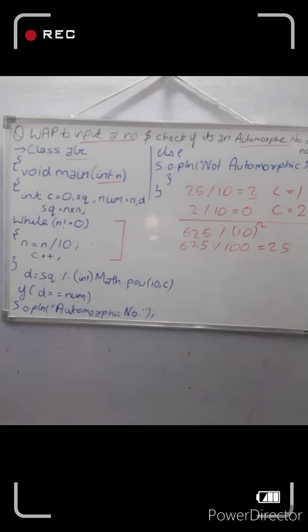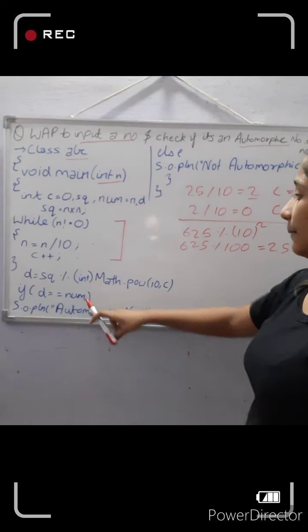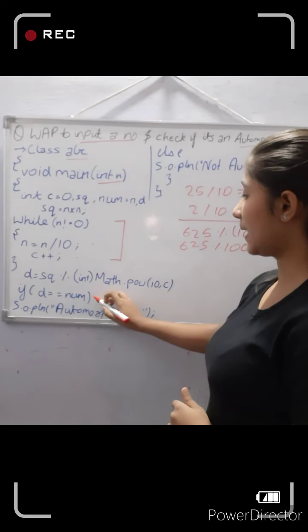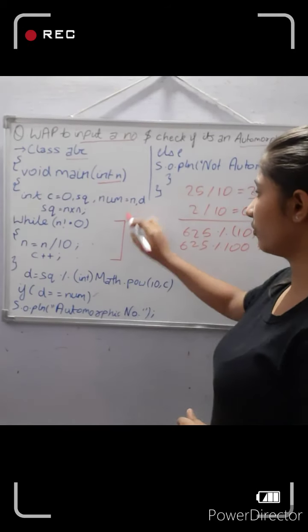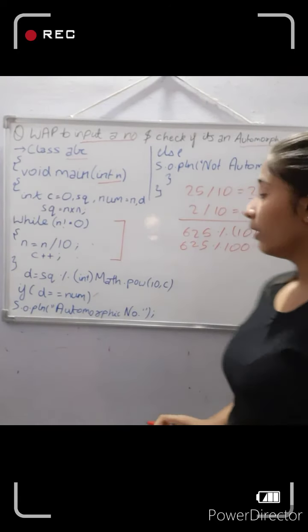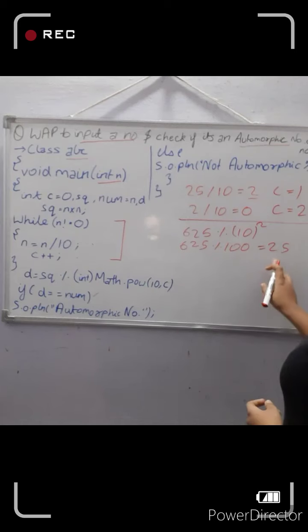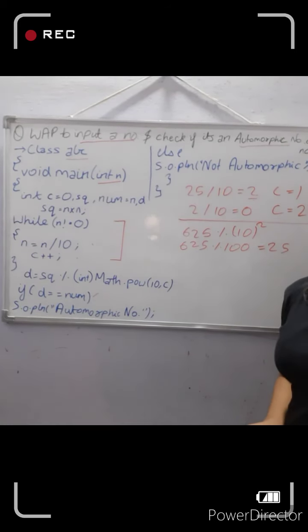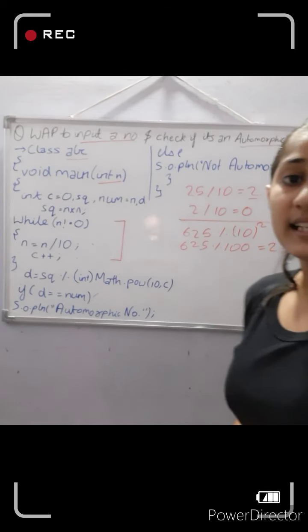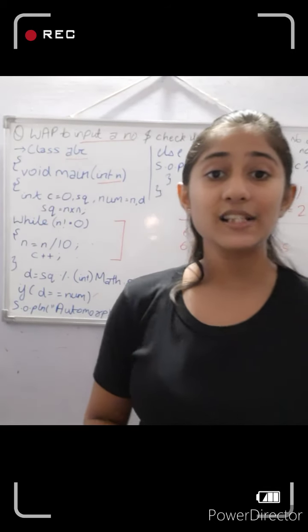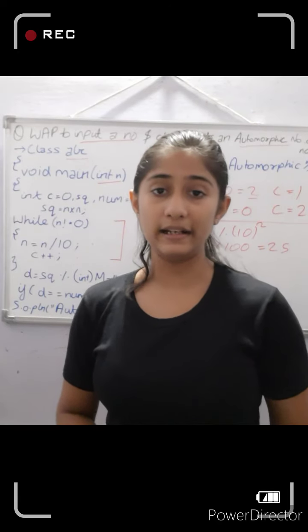So now we are going to check if the number d and the number entered is same or not. Over here we check this condition with the help of the copy of n which we took over here, as the value of n in the program is now 0. Okay. So over here, why we have taken a counter for counting the number of digits, as we don't know how many digits were entered, so we cannot tell if the last digit or the last two digits will be equal to the number entered or not.